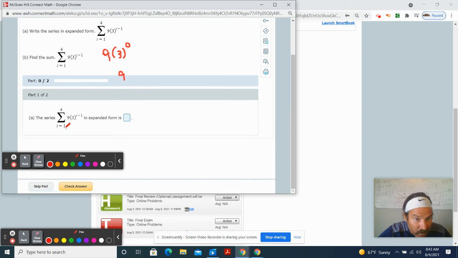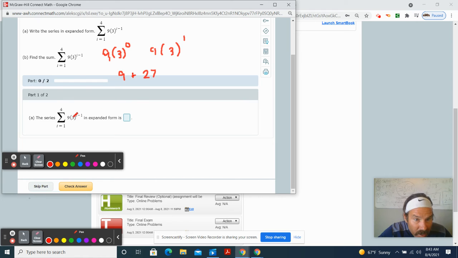So then we plug in 2. 9 times 3 raised to the 2 minus 1 power, which is 1. So 3 to the first power is 3. 3 times 9 is 27. So the next term is plus 27.